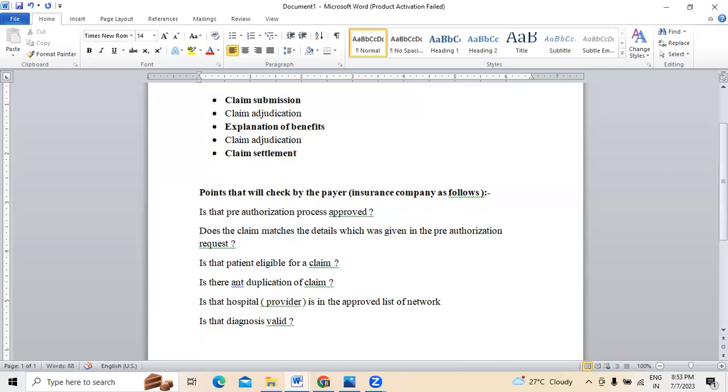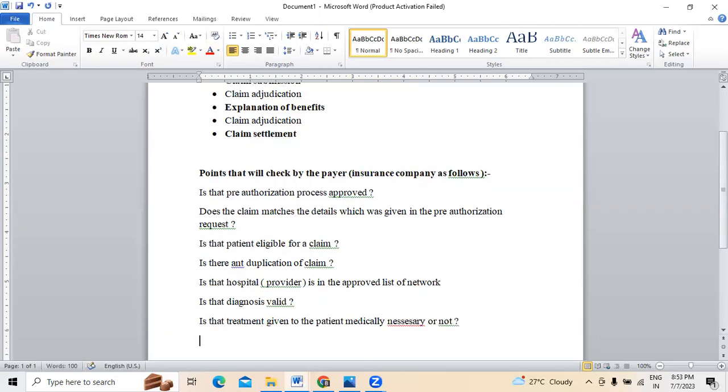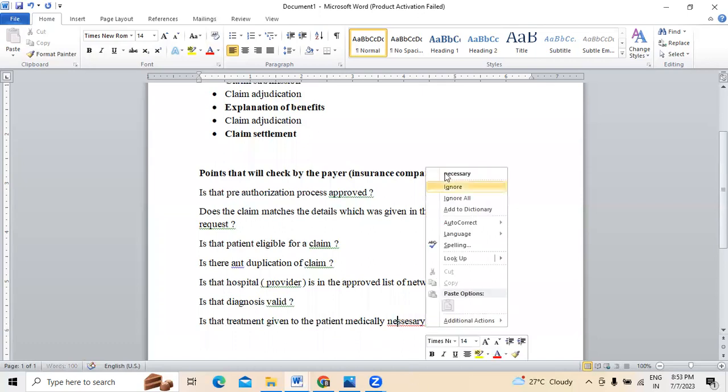Next, is the treatment given to the patient medically necessary or not?